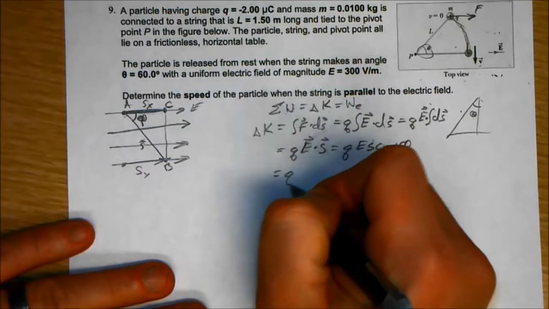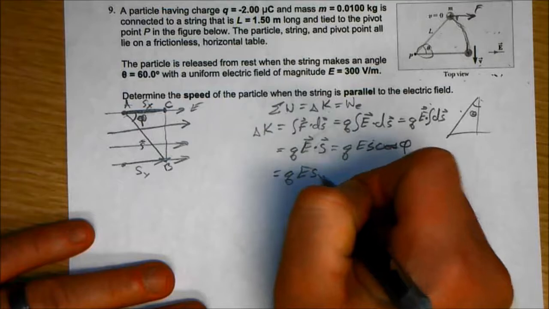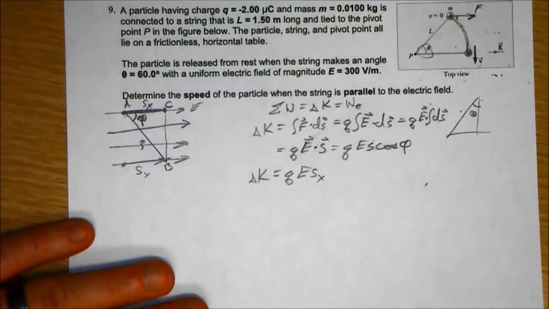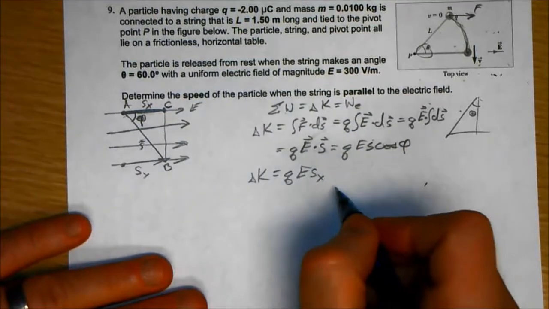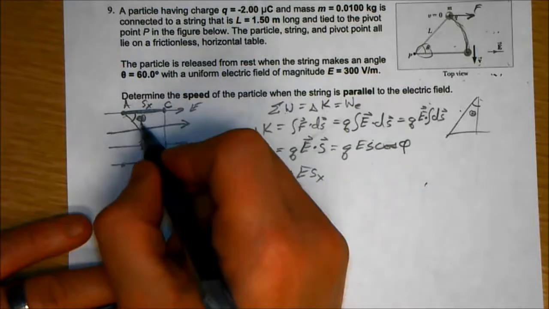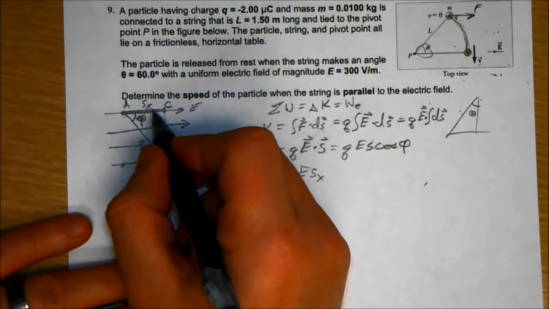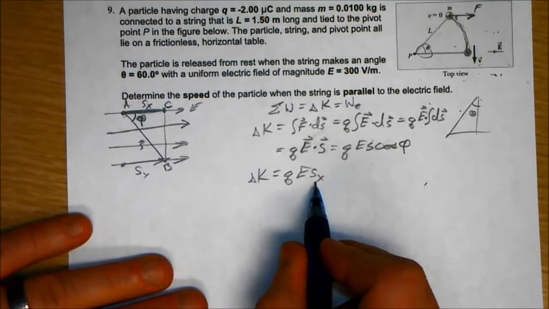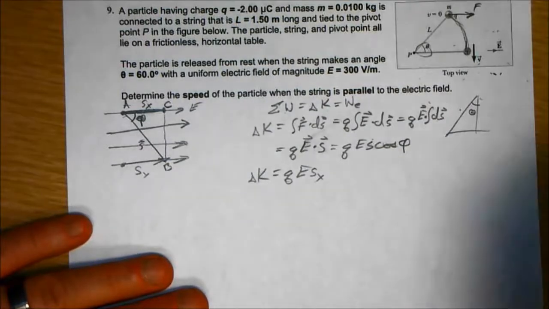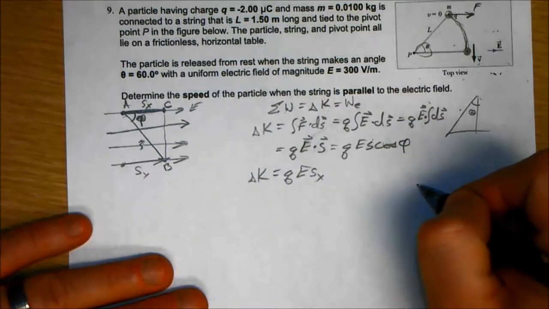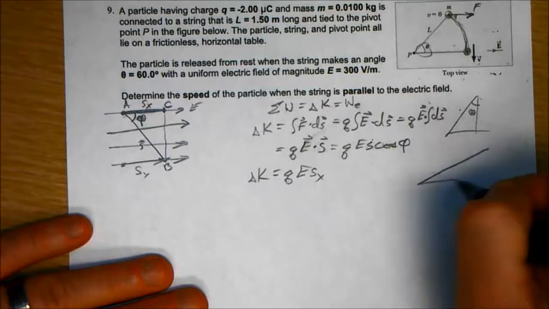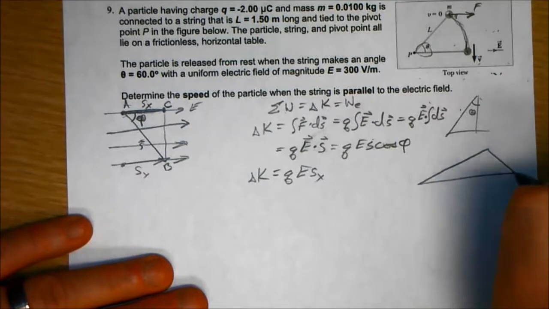But I can say Q E Sx is equal to the change in kinetic energy. Why did I do Sx? Because S cosine of phi, given this geometric relationship, is going to be equal to Sx. And I think I can find Sx a little bit more simply, given the geometry of our problem.